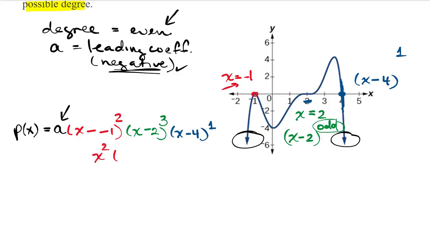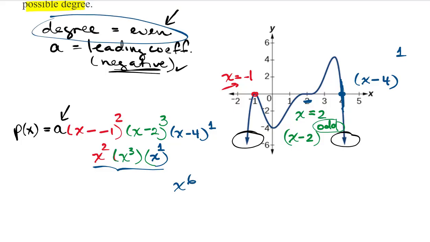Our next factor is going to give us a third degree. And then the last factor there is going to give us a first degree. So we multiply these x's together, we'll end up with x to the 6th power. And therefore, the degree of this function is even. So we're on the right track.